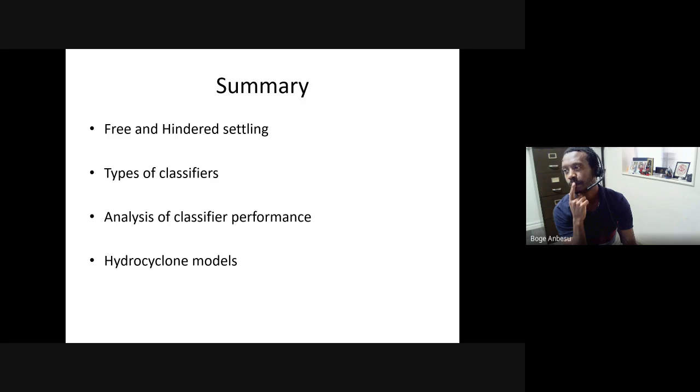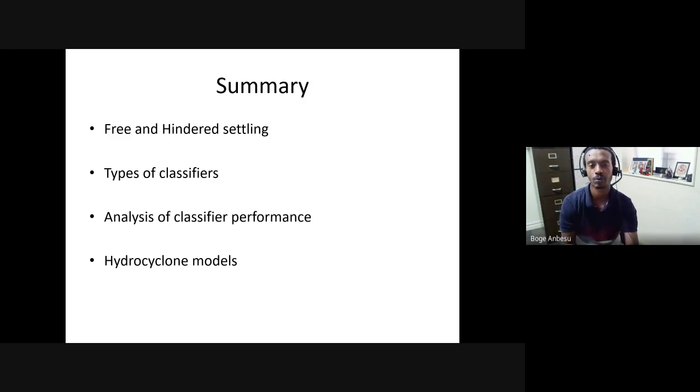I think if you go to the lecture last week, I put a slide there explaining that once you do screening or classification, the coarse fraction can be called sand, or it can be called oversize, or it can be called underflow. And the fine portion can be called slime, or it can be called overflow, or it can be called undersize.